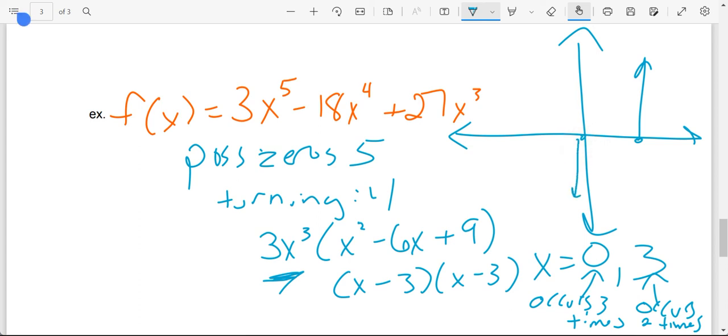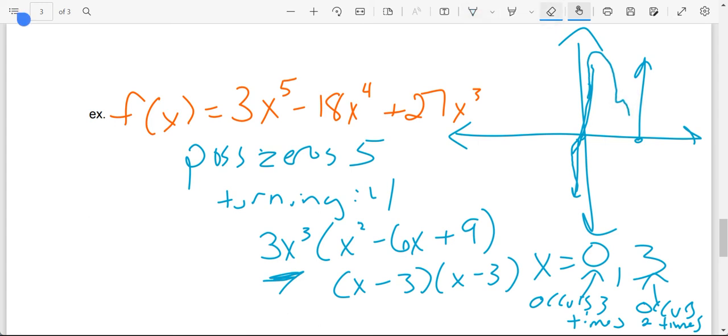Whenever we go through the point x equal to 0, which occurs 3 times, it's going to look like an x cubed graph, how it goes shooting up, does a quick turn, and goes back up again. And then when it's coming back down, x equal to 3 occurs 2 times, so it's going to look like your quadratic when it hits it.